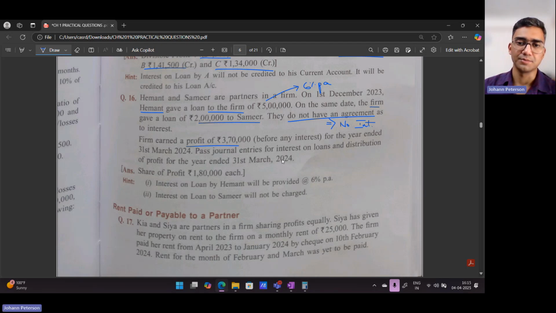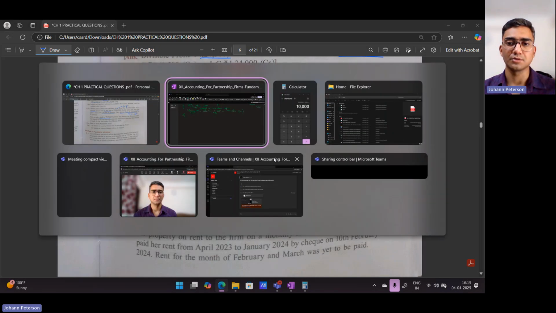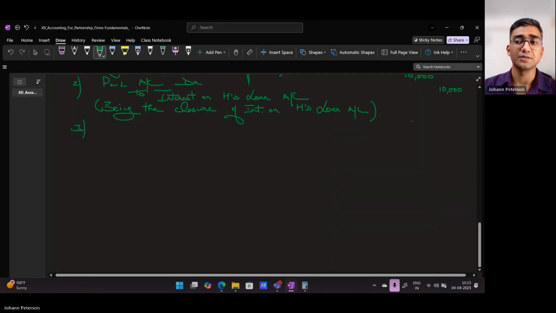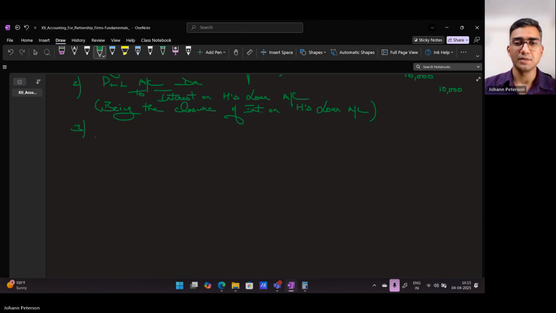Now, how much is our divisible profit left? After we have given interest on loan of 10,000, we have a balance or divisible profit. You can write it in your working note.